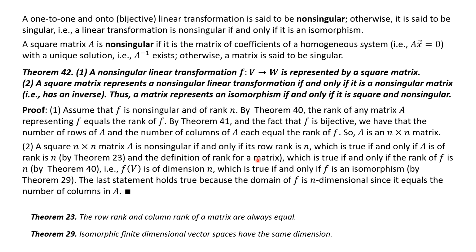And by the definition of the rank of a matrix, this is true if and only if the rank of F is n, i.e. F of V is of dimension n, which is true if and only if F is an isomorphism by theorem 29. The last statement holds true because the domain of F is n-dimensional since it equals the number of columns in A, which we said was n.